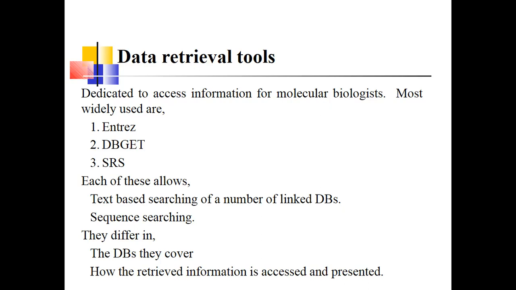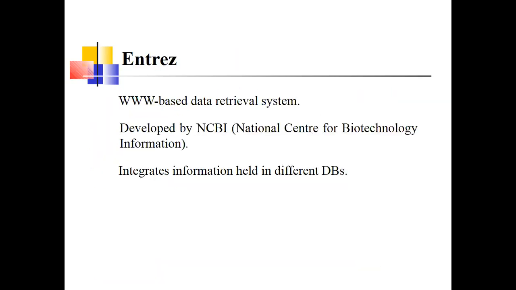Suppose there is a database ABC, and a researcher submits data to that database. After a few hours, the same data will move through pipelines to other primary databases, which helps other researchers retrieve the data. You can also search sequences with these database tools. Each database has different pipelines and different databases to connect to for the data, and how to retrieve and present the data is also a characteristic of different databases.